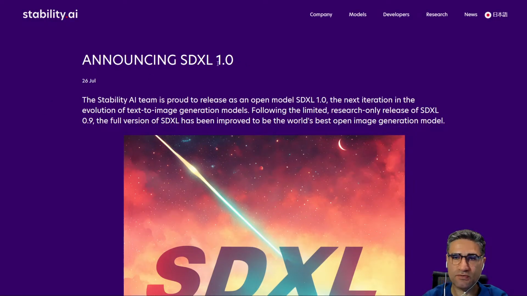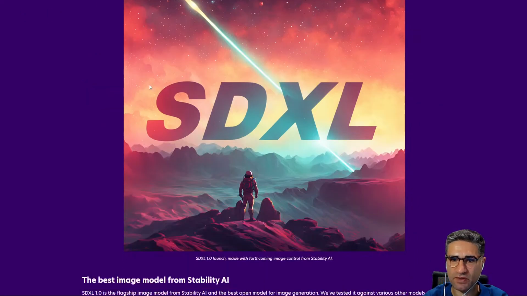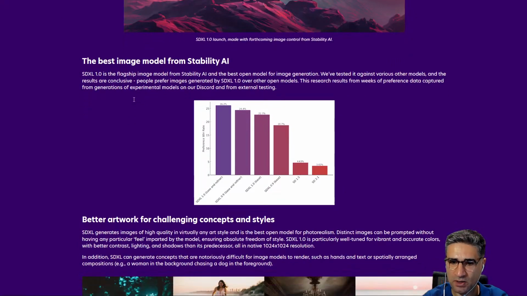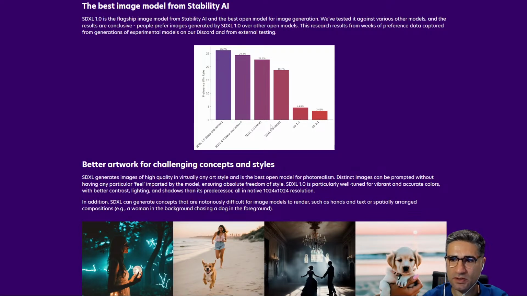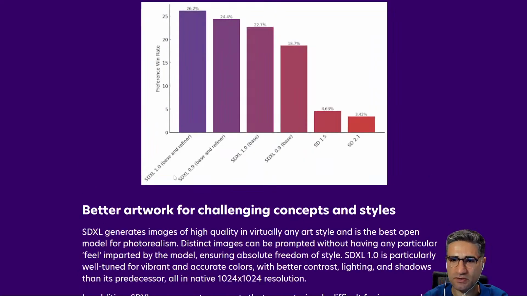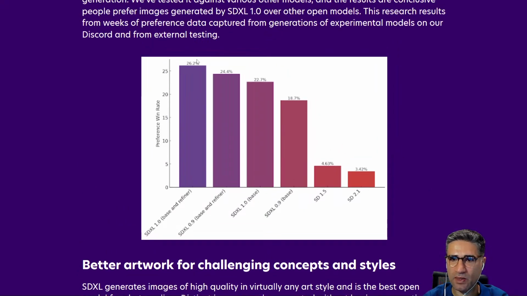SDXL version 1 was released about 2 hours ago, and here is the website where you can find some useful information. But totally, they told us that the new Stable Diffusion version 1 can produce 26% higher quality images, and you can compare the result with SD 1.5 or SD 2.1.